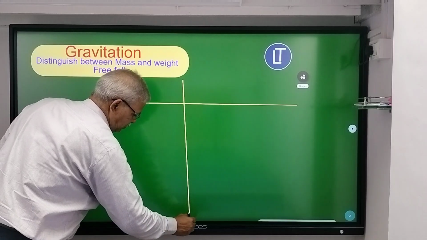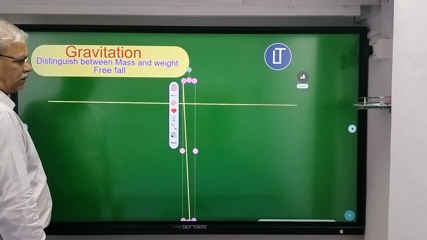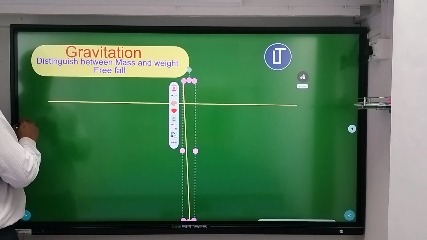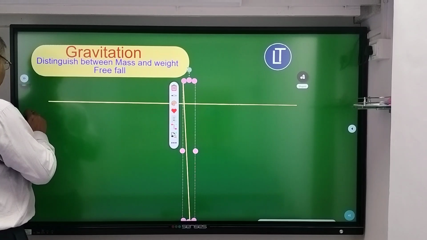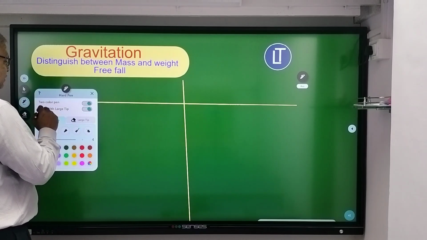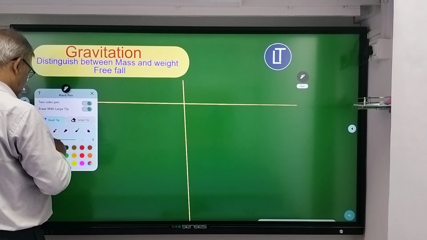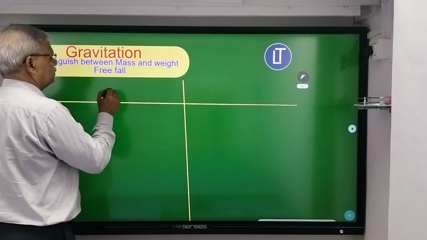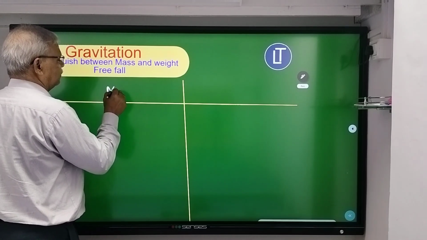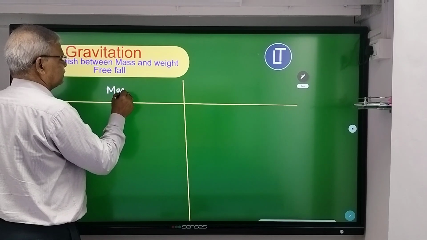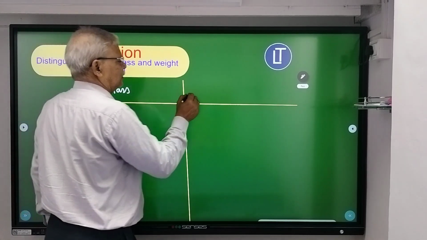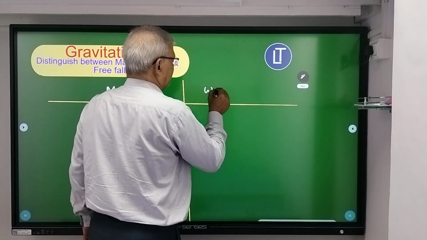As we are going to make the distinction between mass and weight, we are dividing it into two parts. Here on one side it is mass, and here it is weight.